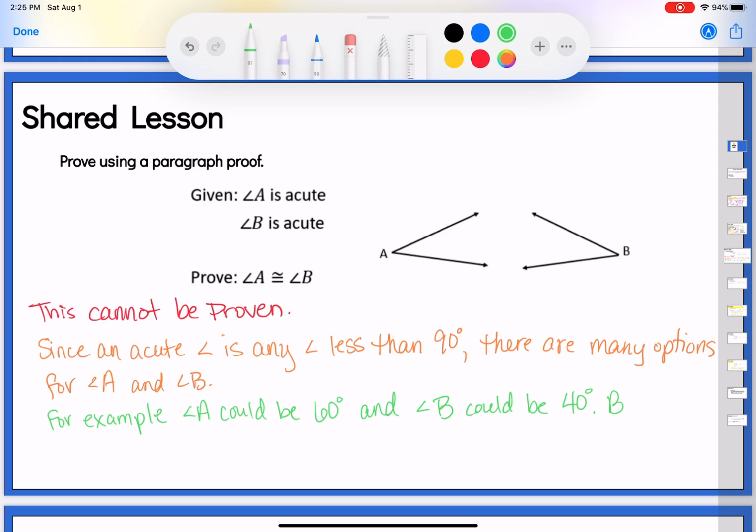Both are acute, but they do not have the same measure.